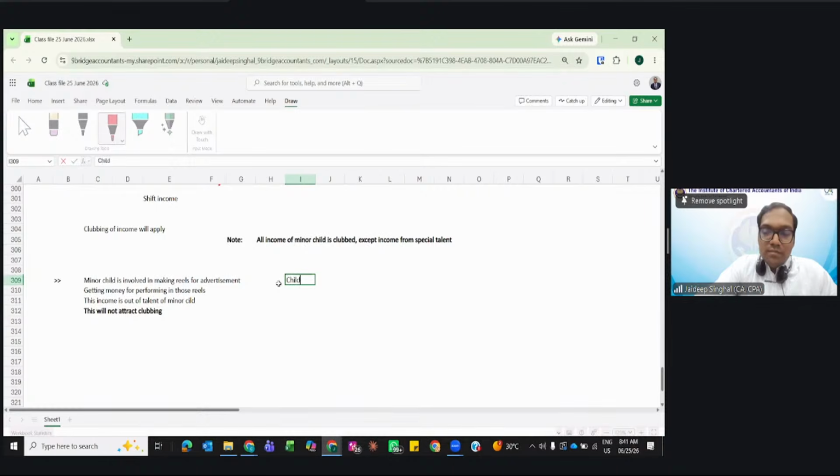Let's suppose the child has two types of income. He has income from reels work, let's suppose 5 lakhs. He has interest income of 3 lakhs. Total income of the child is 8 lakhs. Tell me how much will be taxable to the child and how much will be clubbed for parents?